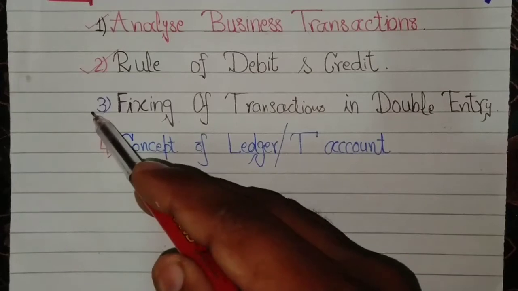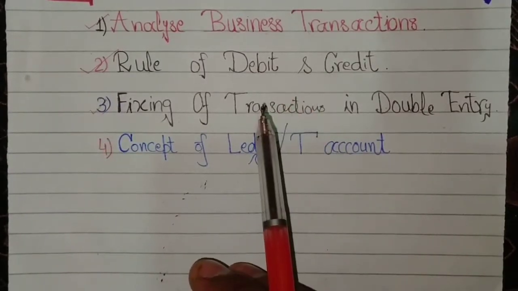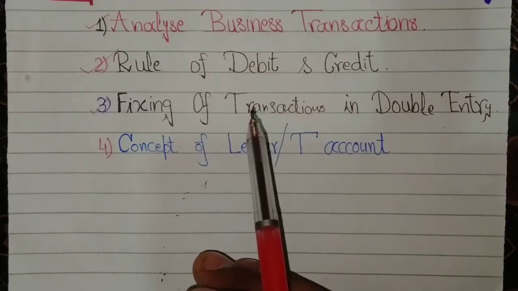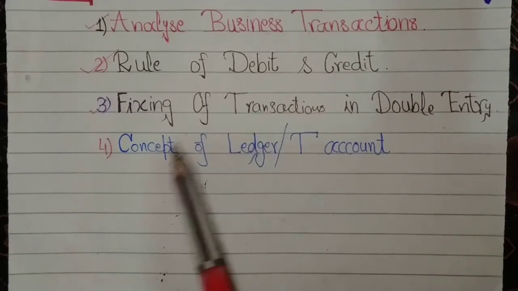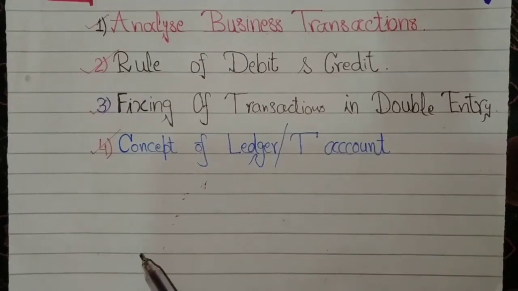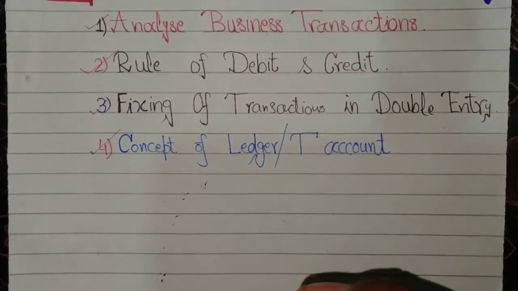The third one is how we fix the transactions in the double entry system, or how we enter the transactions in the double entry system. Fourth is the concept of ledger or T account after the recording of transactions in ledgers.